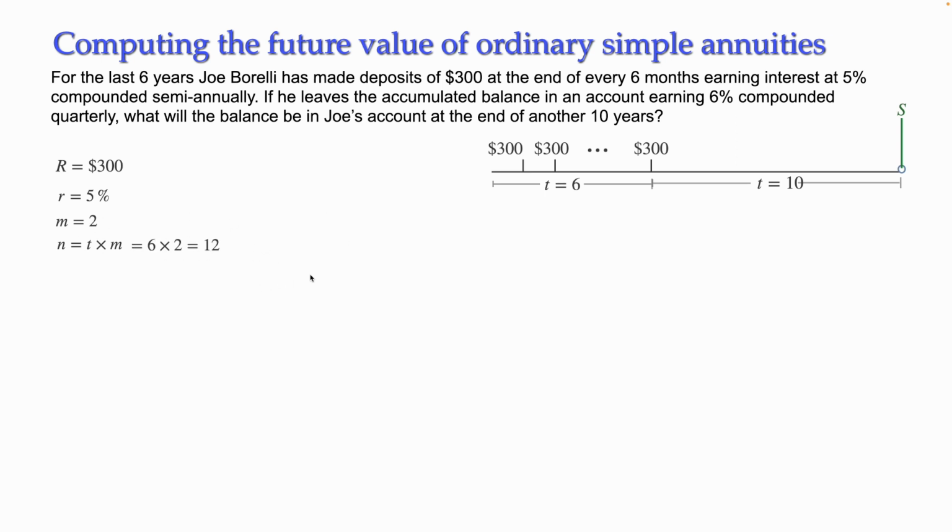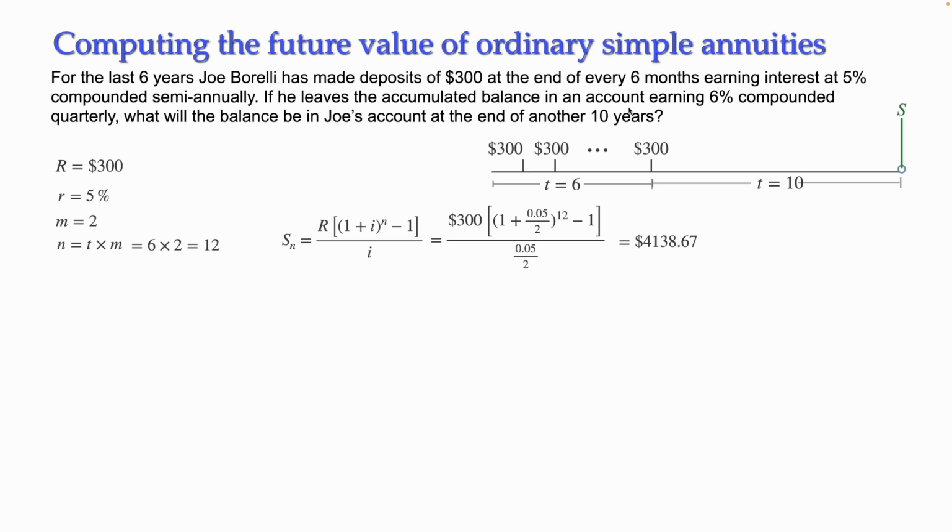So make a substitution of all these values in the formula. So this R is 300, this i is 0.05 divided by 2, or 0.025, and this n is 12. So use your calculator and you will notice that the answer is 4,138.67.